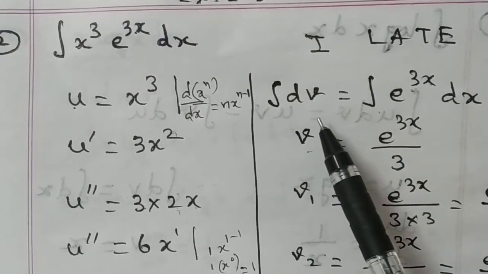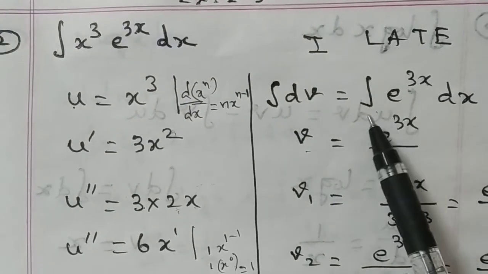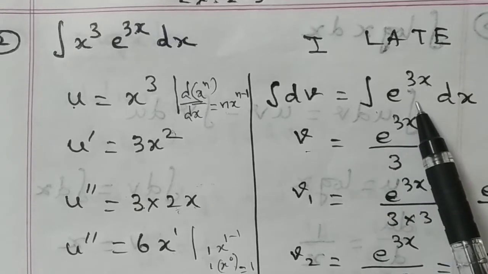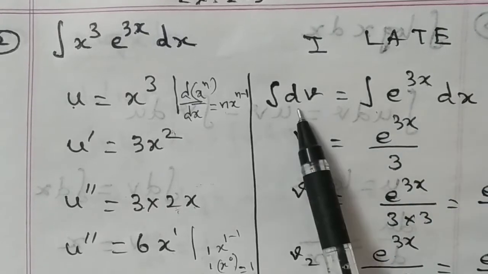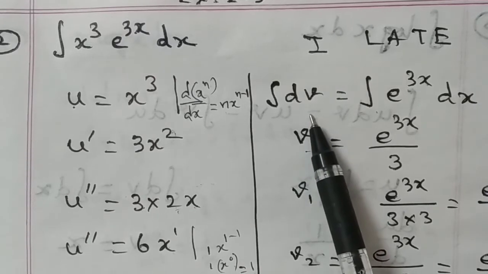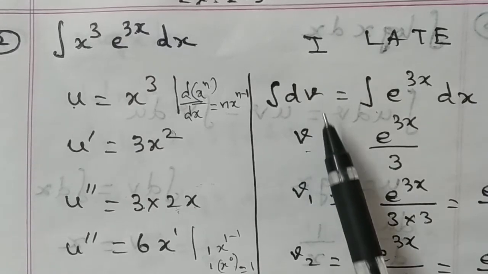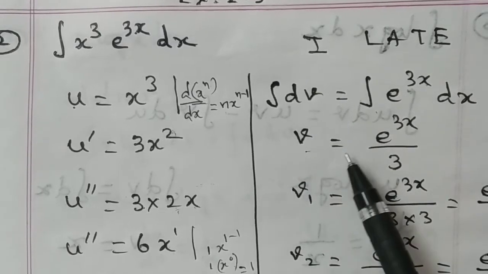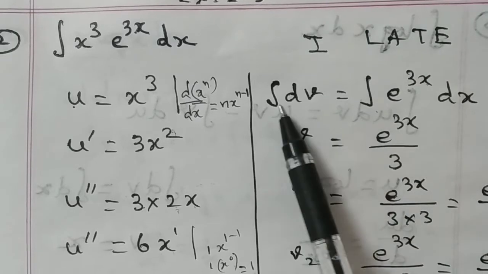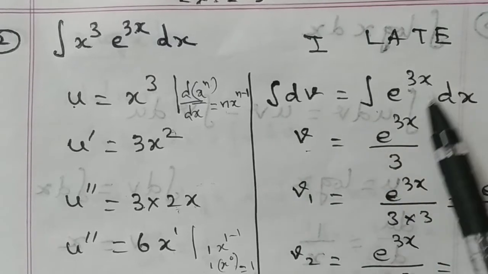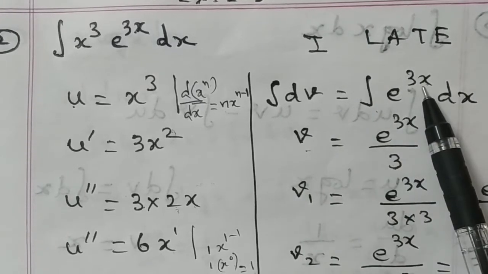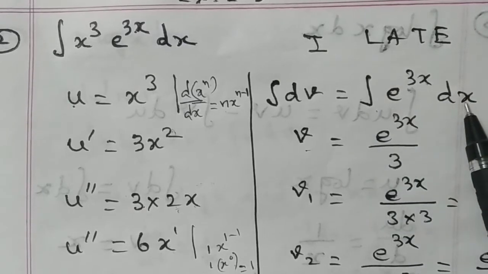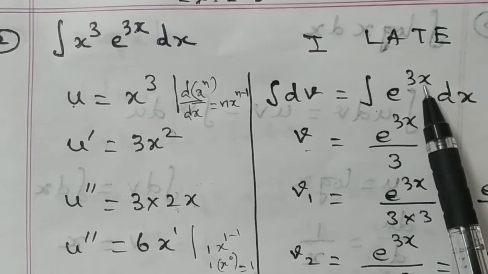So integral dv equals integral of e power 3x dx. The integral of dv is v, so v equals integral of e power 3x dx.